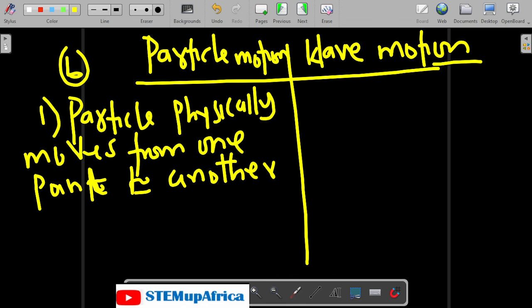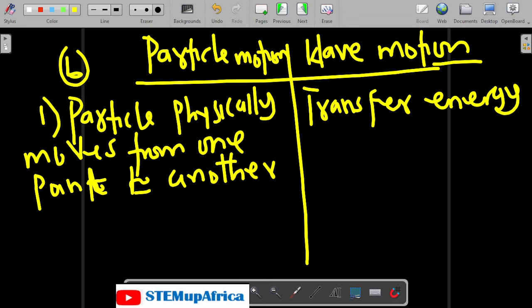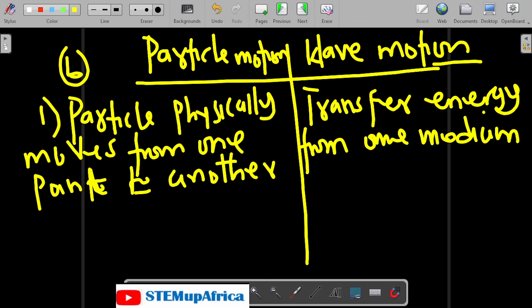So what happens to wave motion in that regard? It transfers energy. You know that's the definition of wave. Transfer energy from one medium to another.